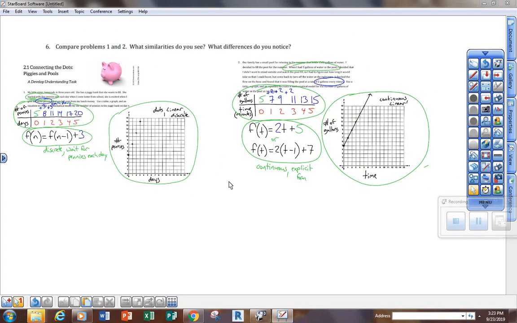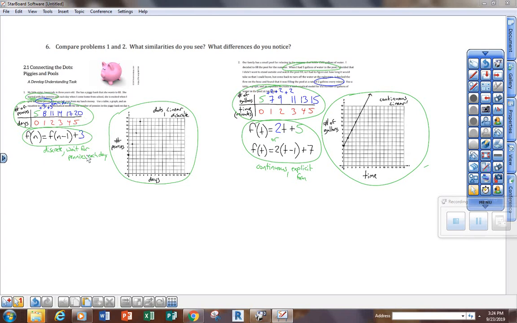Okay, the next problem. Comparing 1 and 2. And again, similarities. They're both linear. They're both arithmetic. They both have the same rate of change. They're both adding to go up. They both give you data to graph. They both give you functions to use. Differences. The first one's discrete, dots. The second one, continuous, linear. Differences.